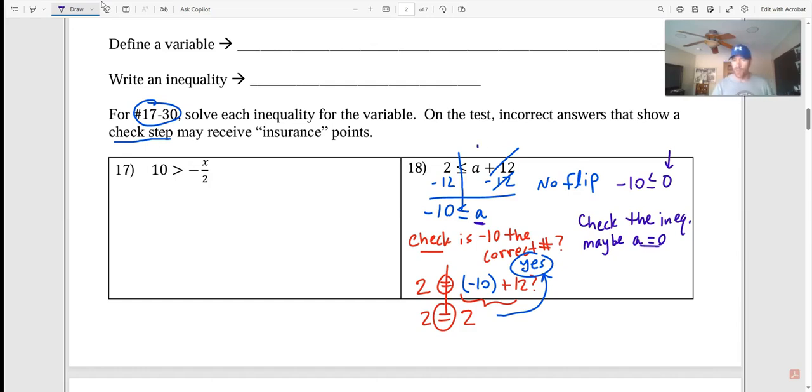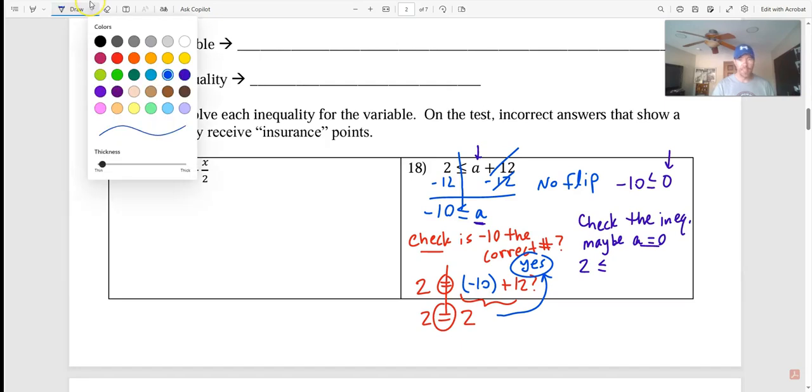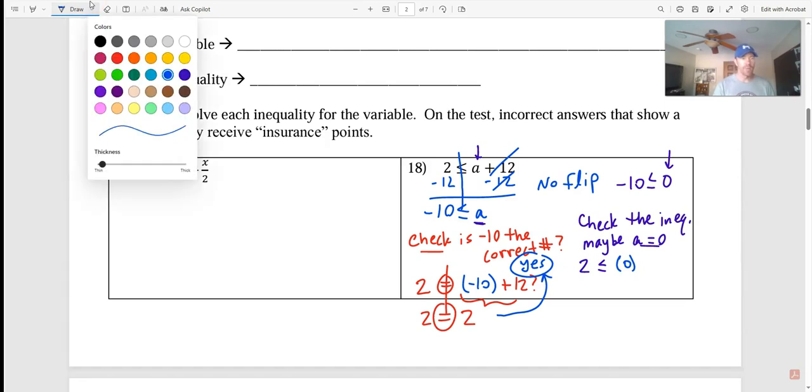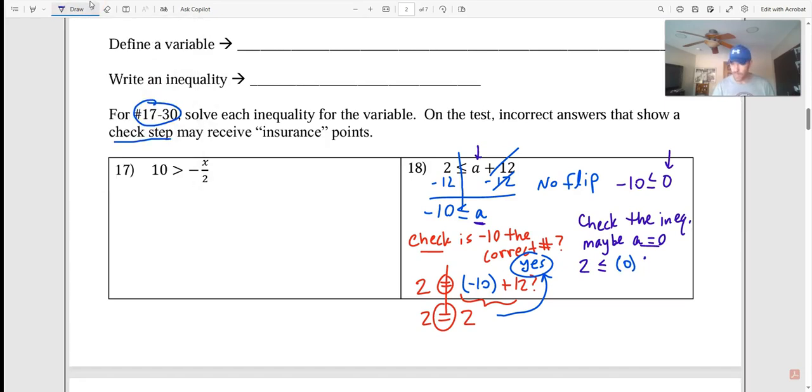Does it agree if we put it in the original? So now I'm using the inequality. Whether or not I flipped it, I'm using the inequality. And let's grab that 0 for a. And then we're adding 12 to that. And we're asking, is this true? So yeah, on the left side, just 2, less than or equal to.